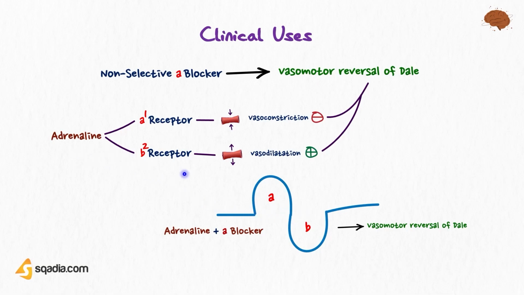Then you have given the adrenaline, which acts on the beta-2 receptor and promotes vasodilatation, denoted by this decline of the curve. When the alpha-1 receptor action is diminished, only the dilatation is seen, which is known as the vasomotor reversal of Dale. So I hope you'll understand it.